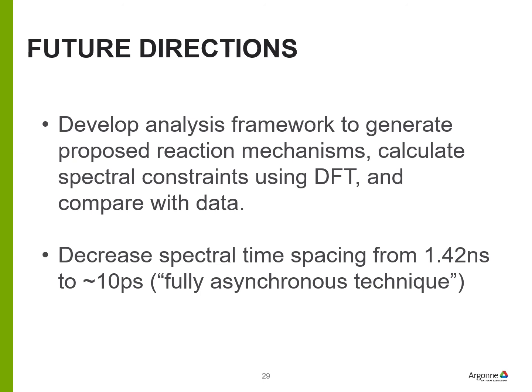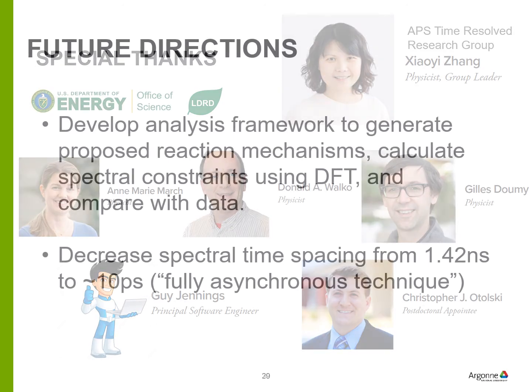And we think that this combination of simulation and data will be a powerful technique to study photocatalysis in the future. The second direction for future development is to decrease the spectral time spacing from 1.42 nanoseconds to about 10 picoseconds. And we think there'll be a lot of fun samples to measure with this fully asynchronous technique.